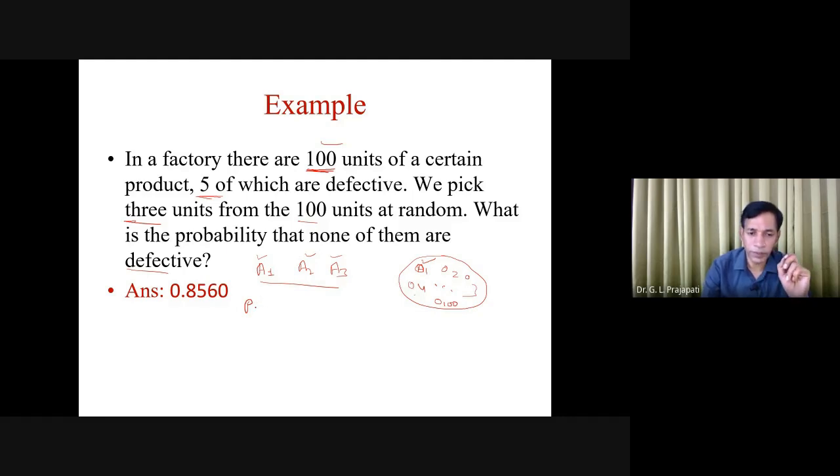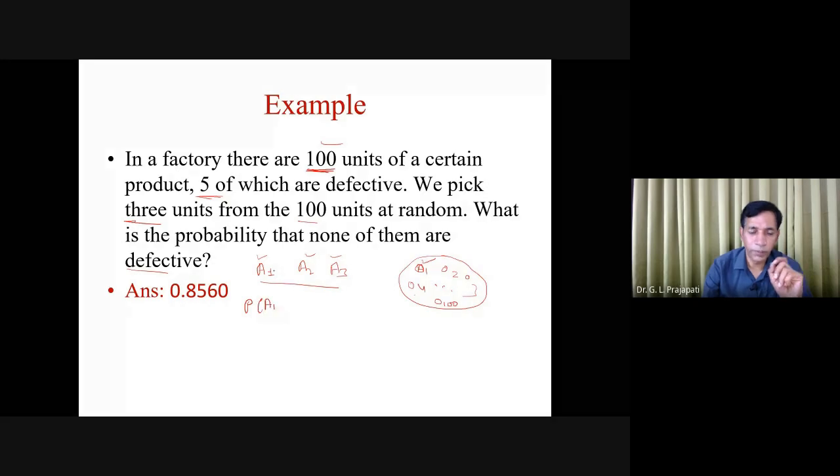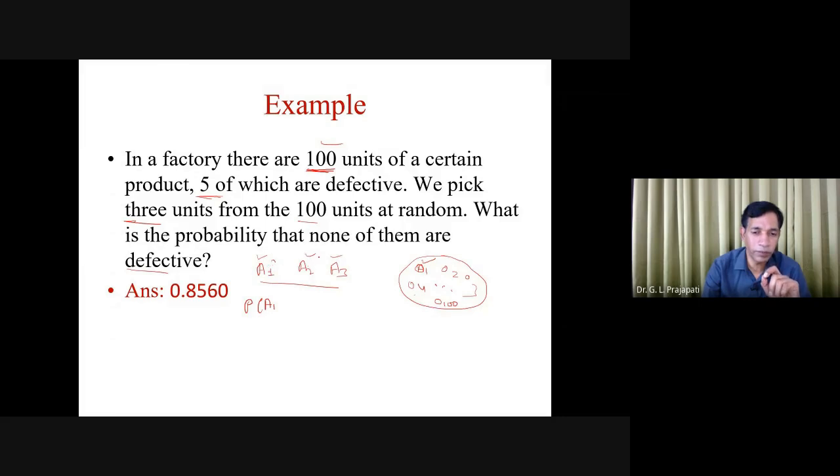So what is the probability that A1 is not defective? A1 is the event that the first unit is not defective. A2 is the event that this unit is not defective. A3 is also the event that A3 is not defective.